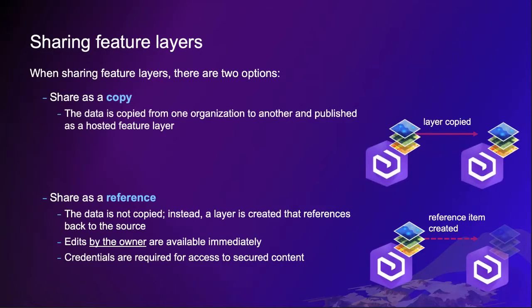But with share as a copy, it's copied from one organization and published as its own separate feature service and hosted feature layer in the other organization. So let's take our zoning example. If I make a change to a zoning layer and share that as a copy, that other organization will have its own copy of that zoning layer.